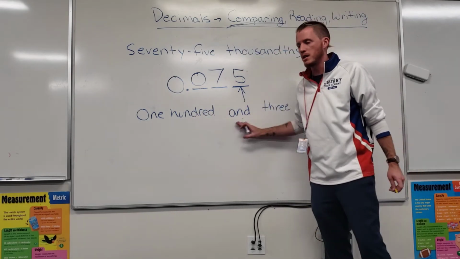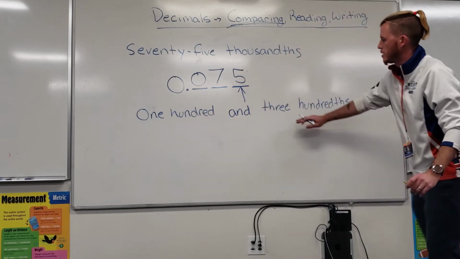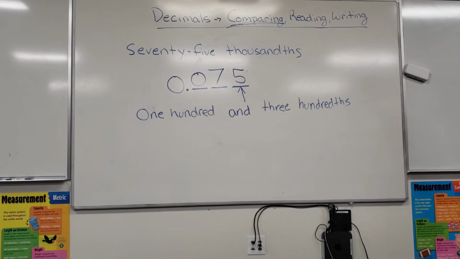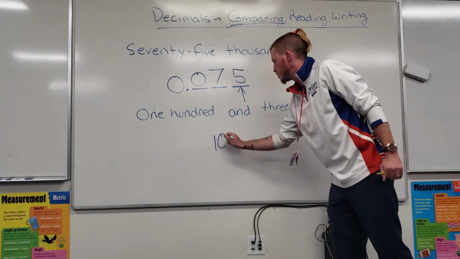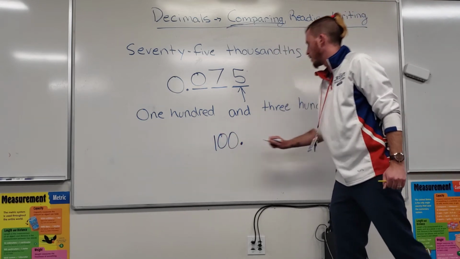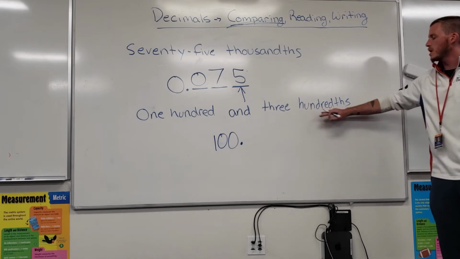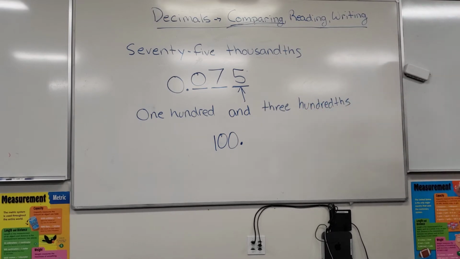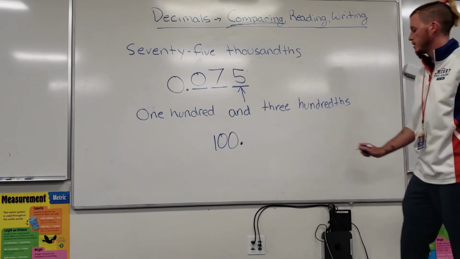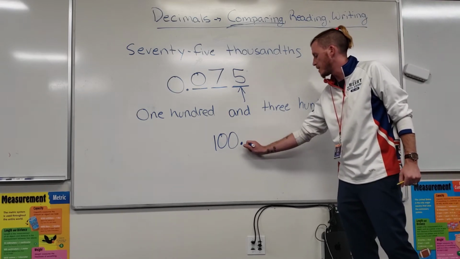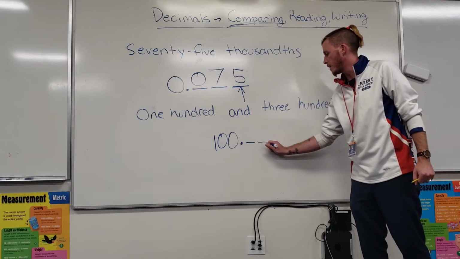So that means to the left of the "and" is our whole number, to the right of the "and" is our place value. So we've got 100 and, so that's going to be 100 and then a decimal point. And then I know that I need 3 hundredths, so I know I need hundredths. So I'm going to outline my decimal place values. So first we would have tenths, then we would have hundredths.